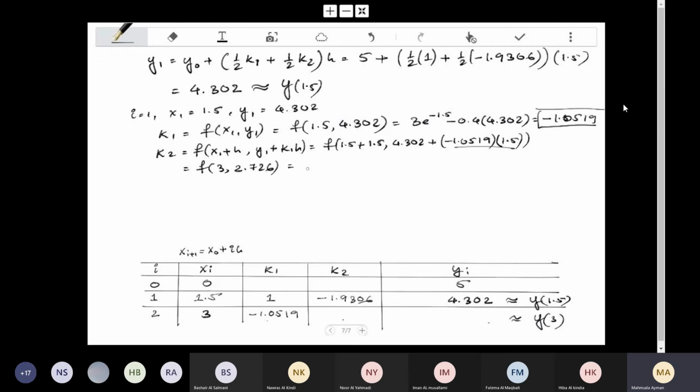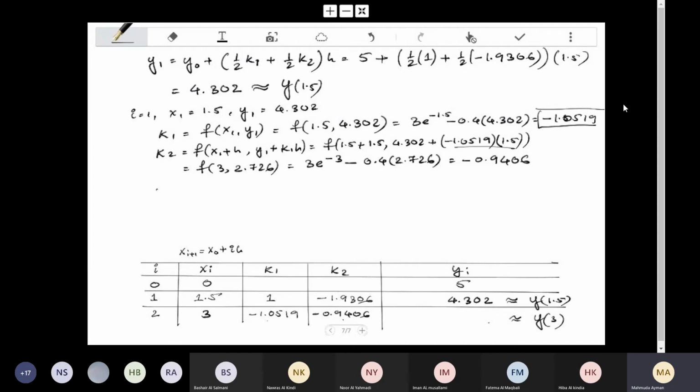When you put them in the function, you will get 3e to the power minus x, which is 3, minus 0.4 times y, that's 2.726, which is equal to minus 0.9406. We've just calculated the k2 value, that is minus 0.9406.